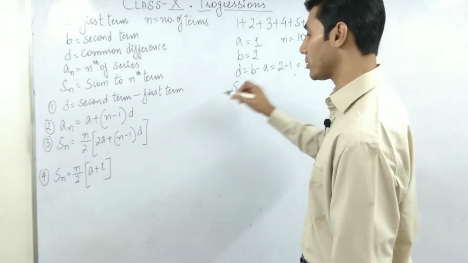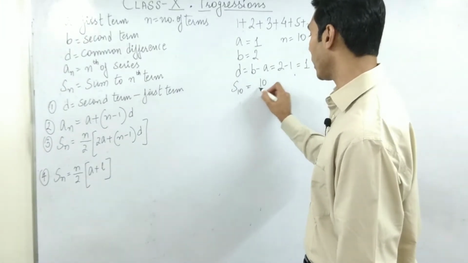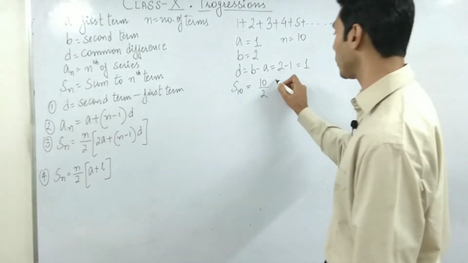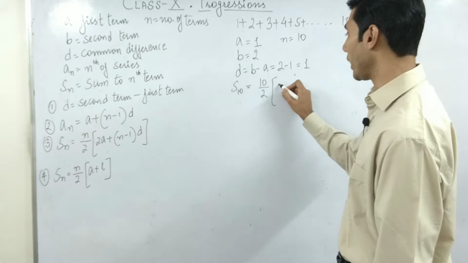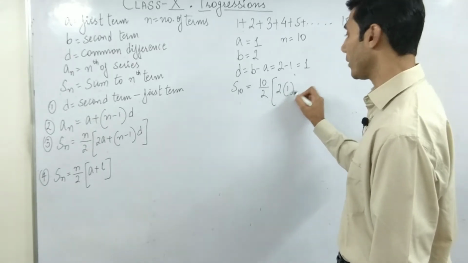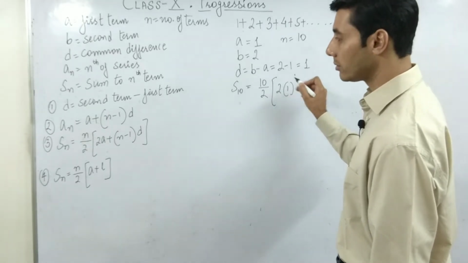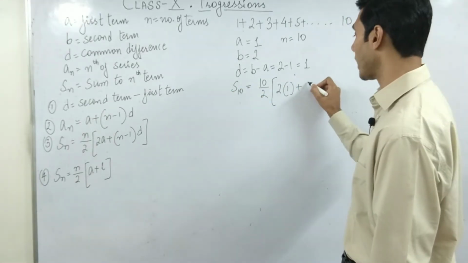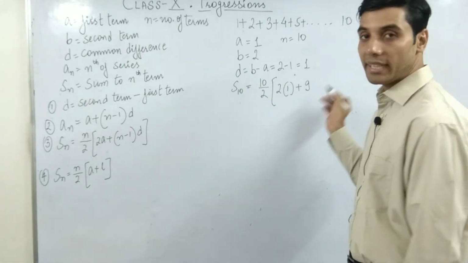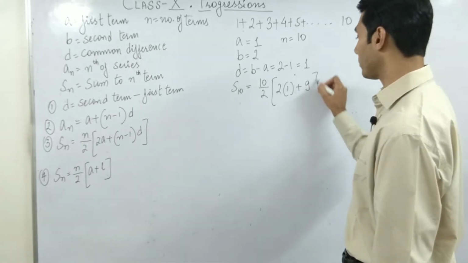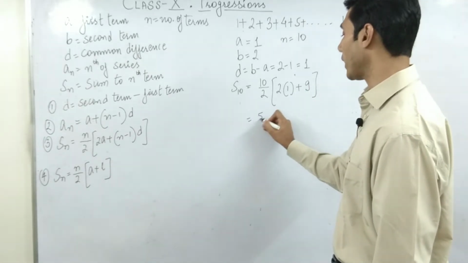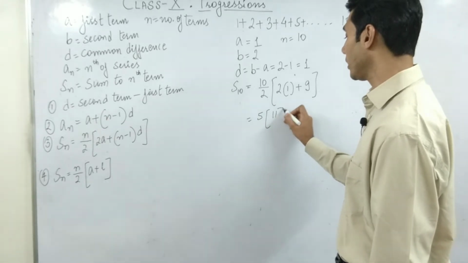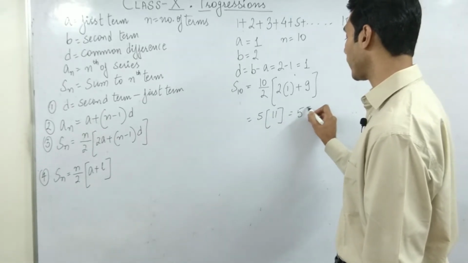S10 should be equals to, सबसे पहले 10 upon 2, मैं पहले ये वाला फॉर्मूला यूज कर रहा हूँ, n की जगह पर 10 upon 2 bracket 2a plus n minus 1. So 10 minus 1 is 9, 9d. What is d? D is 1. So 9 ही आएगा यहाँ पर. So the answer should be 5 bracket 2 plus 9 comes out as 11 into 5 comes out as 55.